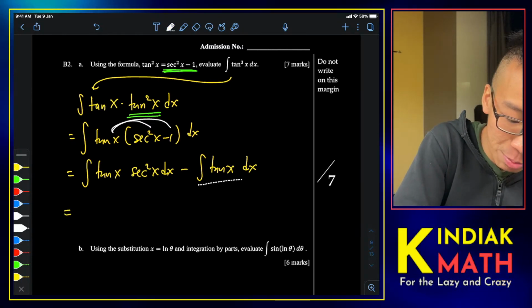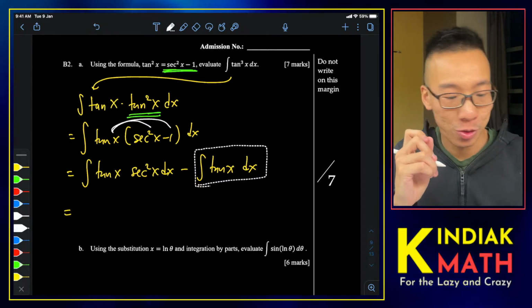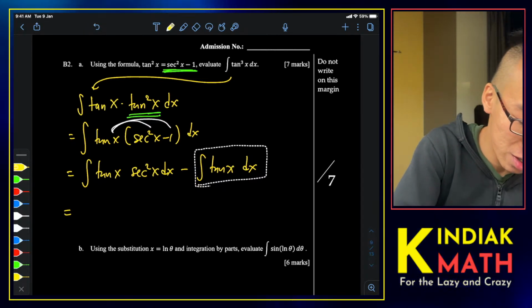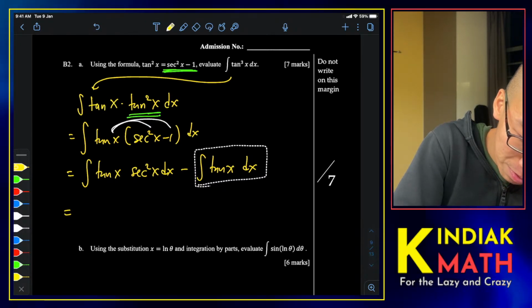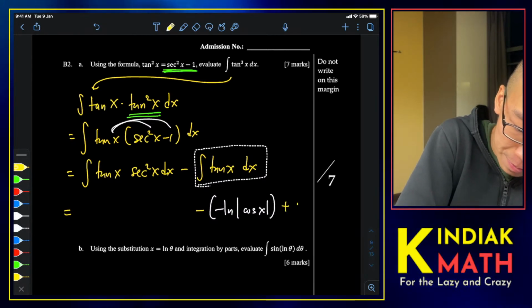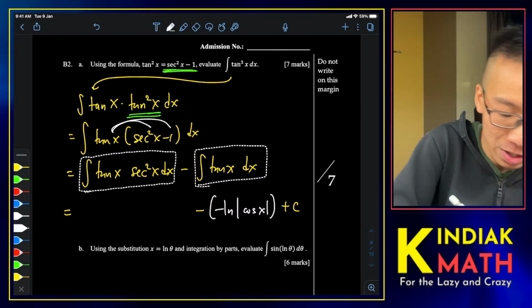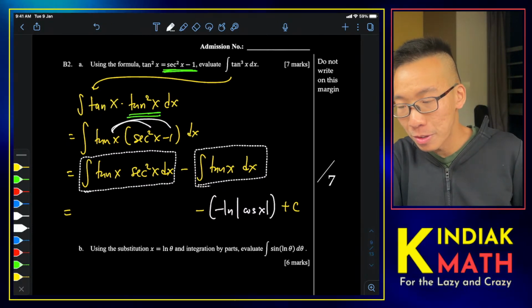Now this guy, I think we've actually seen this integral just now, right? The integral here was actually the negative ln of cos x, right? But this integral is the slightly more interesting integral, right?